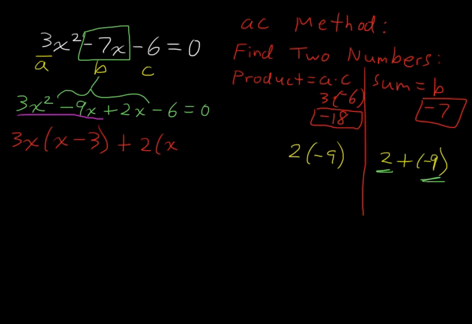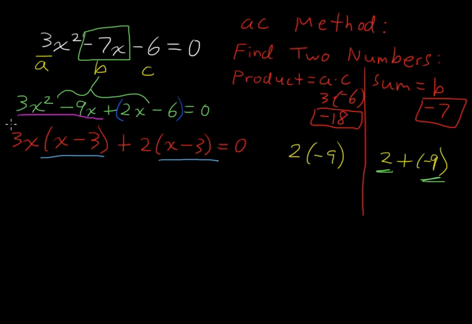Then we are going to factor the second two terms, or the next two terms. So we're going to factor a 2 out of the 2x and the negative 6, and that gives us 2 times the quantity x minus 3 equals 0. Now we say, oh, well, we can factor out this giant factor out of each of these two terms, right?